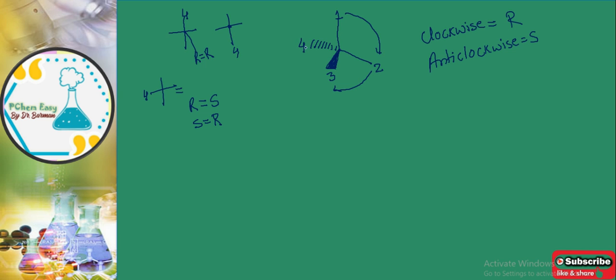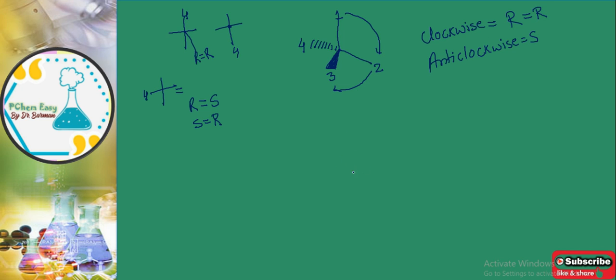The rule says the fourth group, the least priority group, must be in dash bond. So if it is in dash bond, whatever the configuration is, suppose it is R, as you can see here, the fourth group is in dash. So it is clockwise, so we will write it R only.